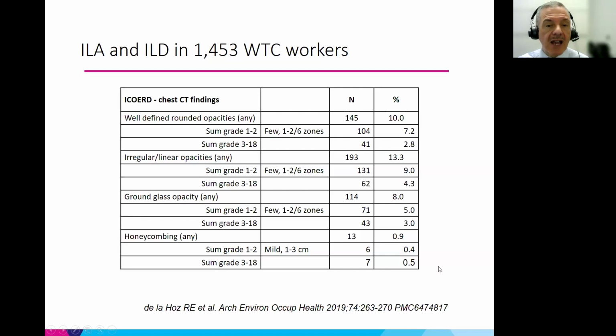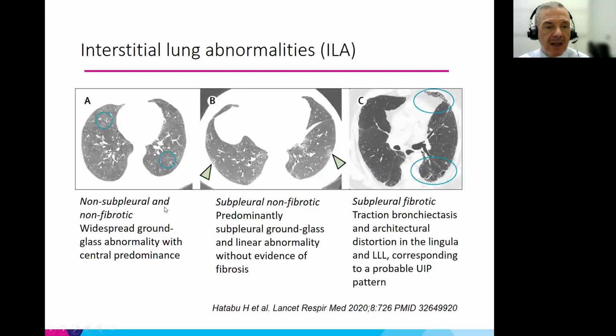So you see where we have some of these ILAs, ILDs to follow, and that ILAs are more frequent than the ILDs for the most part. But all of them need follow-up as we can provide with our programs.